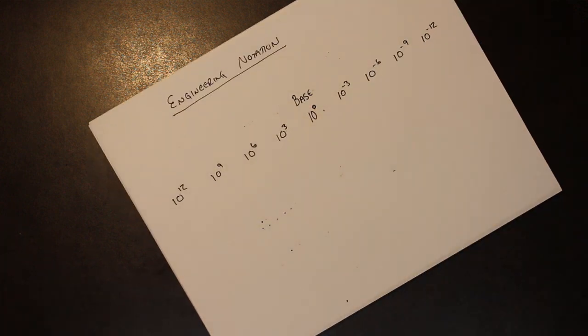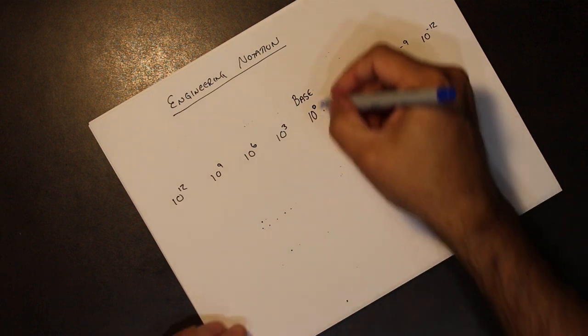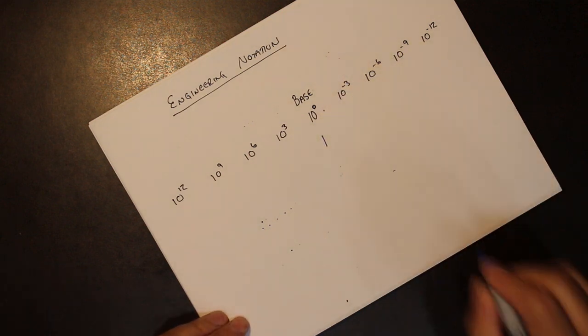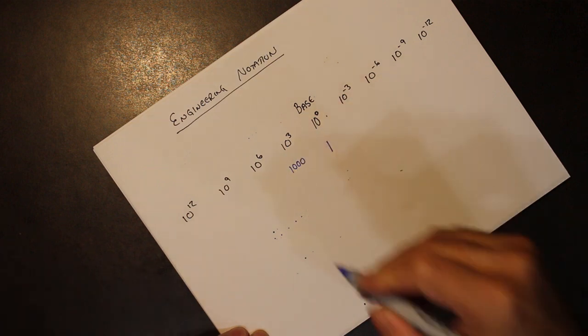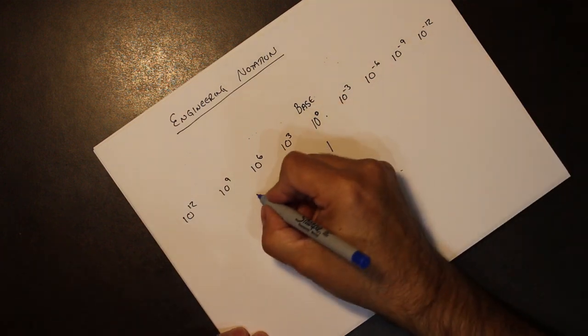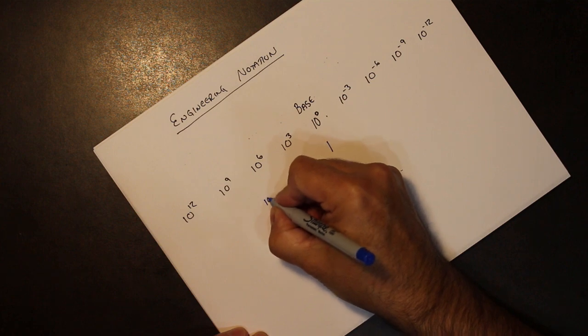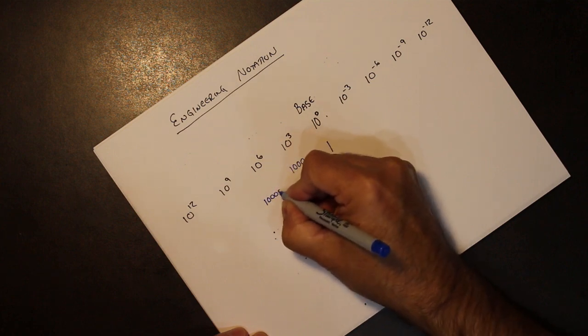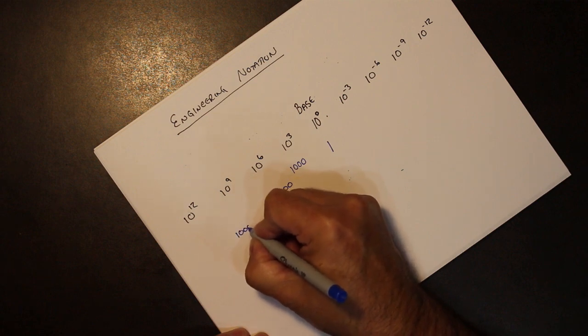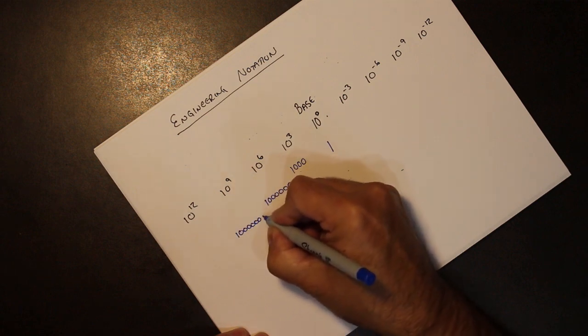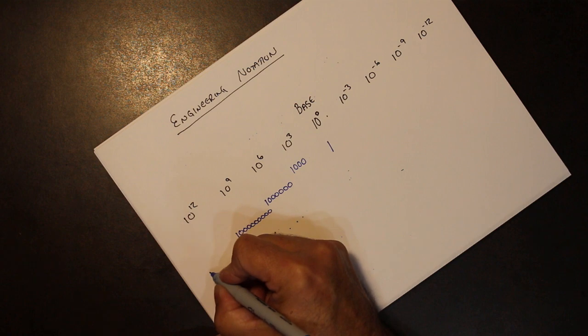If the base is 1, this represents 1,000. So multiply by 1,000. This represents multiplied by 1,000,000, 1,000,000,000, and 1,000,000,000,000.